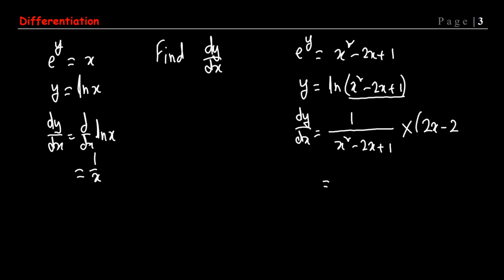By simplifying, we write 2 into x minus 1 divided by x squared minus 2x plus 1, and we can leave our answer here. So this is the total working of the exponential function.